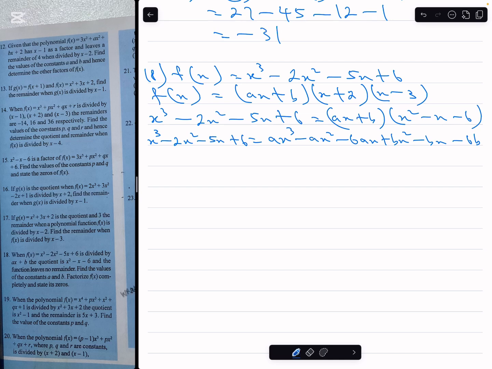Now, what do I need? The question says find the values of the constants a and b. So I want to find a and b.